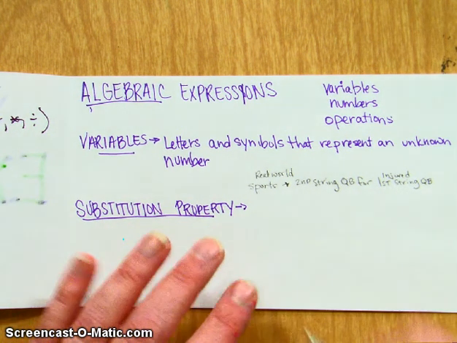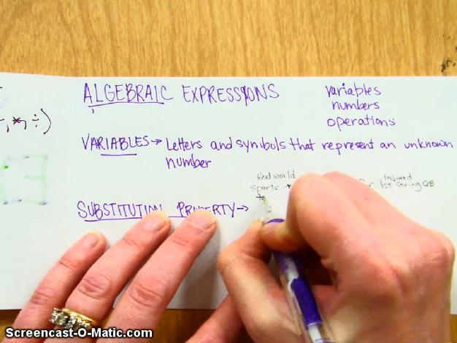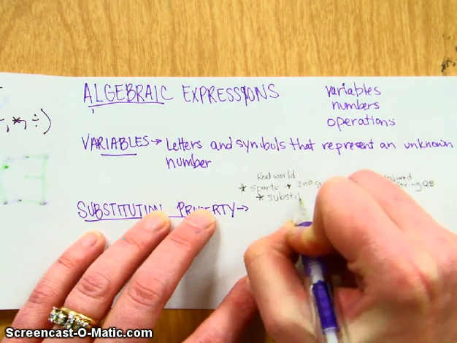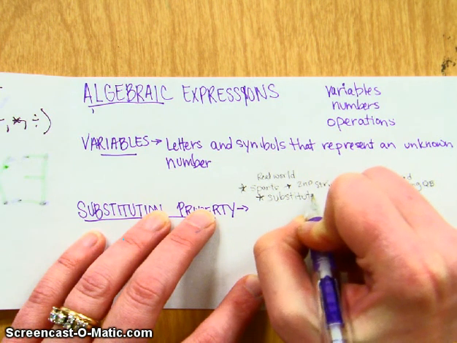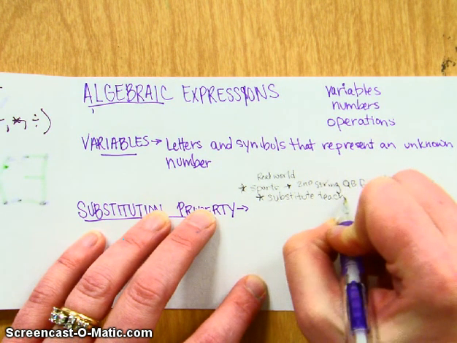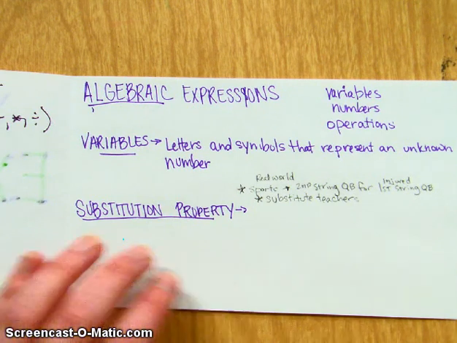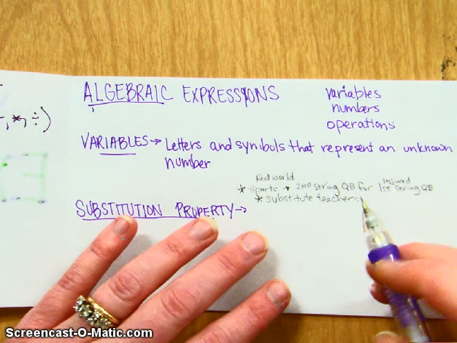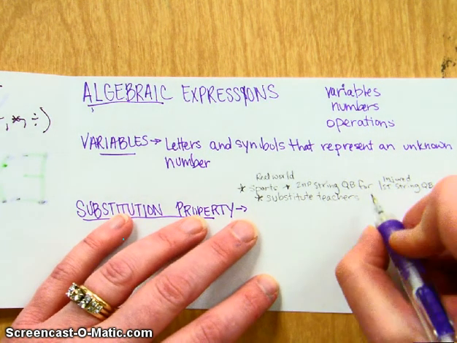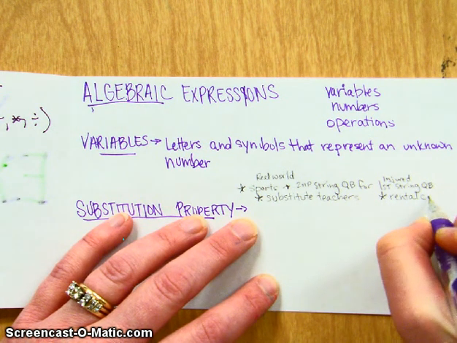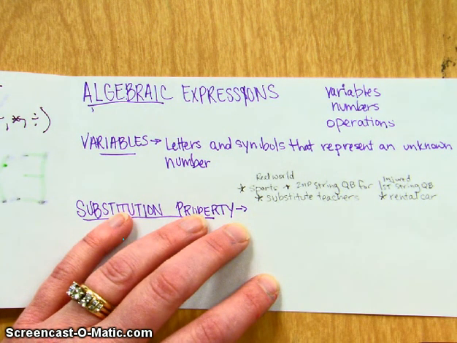Okay, you see it in substitute teachers. If your teacher is sick and can't make it to school, you will have a substitute teacher subbing in for your real teacher. Rental car. It's subbing for your car that maybe has been in a wreck or is not functioning correctly.